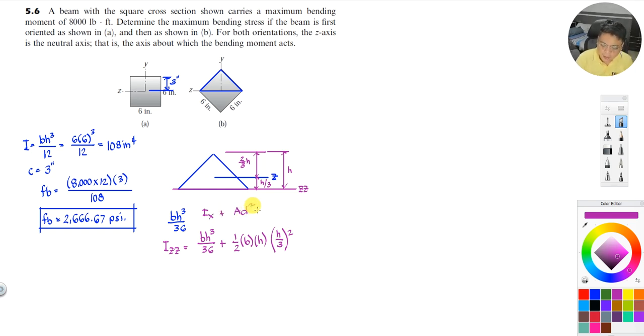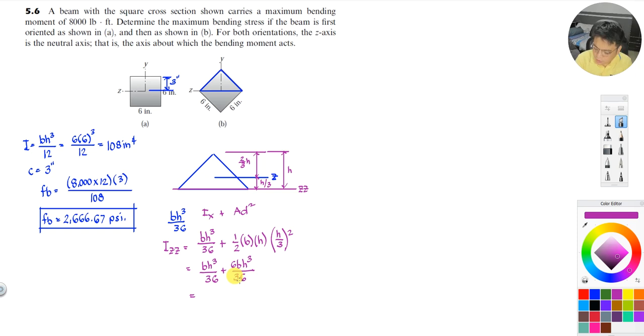Yan yun, ano. Okay, so check natin kung ano yung magiging I niya dito sa line na yun. Okay, so we can have it as BH cube all over 36, plus this one is B, again, H cube all over 2 times 3 is equals to 6. Okay, so gawin kong 36 parehas, i-multiply ko, so I can have here 6 and then 36.